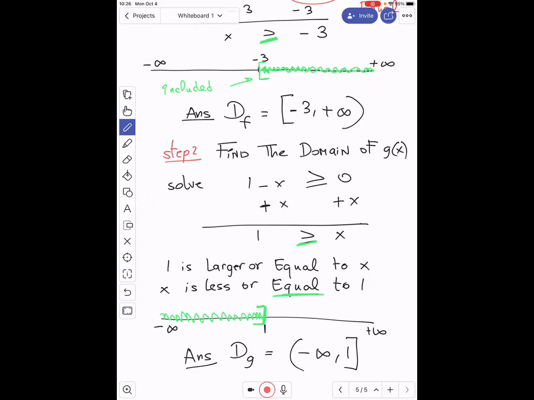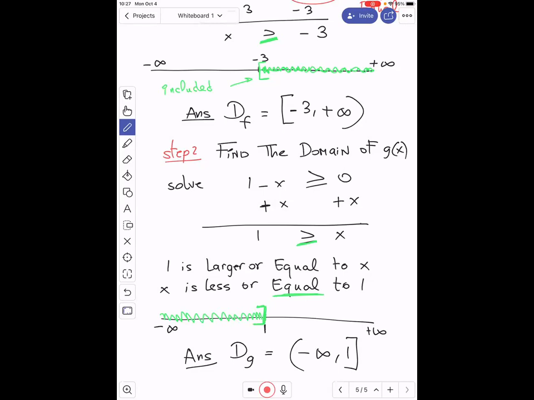Any other question, guys? Whenever I want to find the domain, and this is a very general rule, you have to check two things. If you have a square root, you need to make sure that what's under the square root is larger or equal to 0. If you have a division, you need to avoid division by 0. You are not allowed to divide by 0. So if you have a fraction, solve the denominator equal to 0.